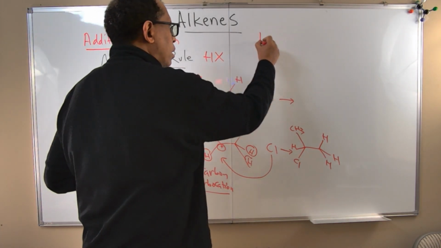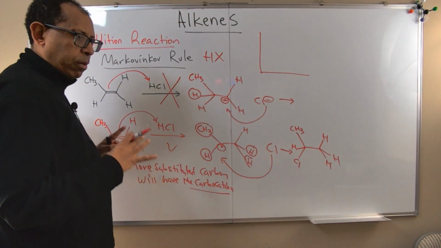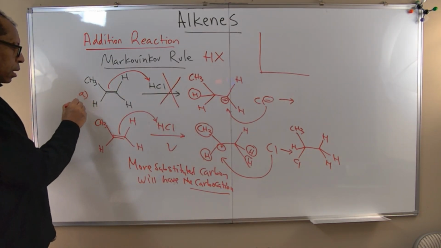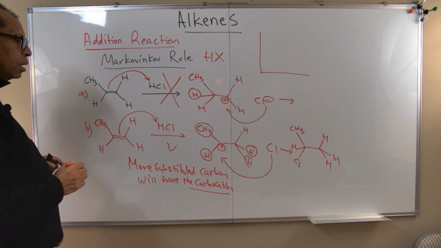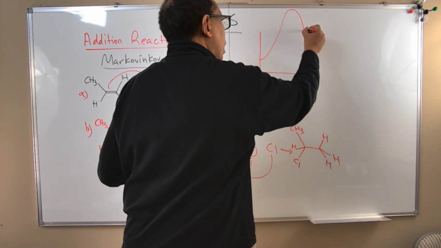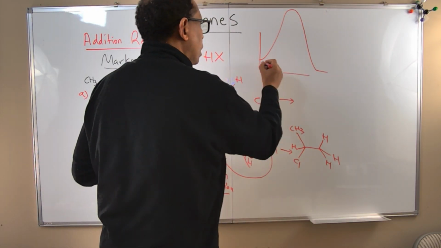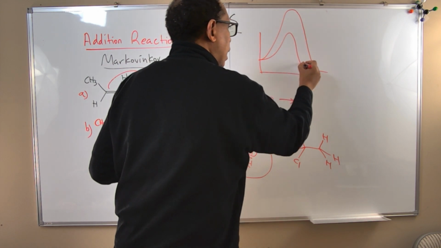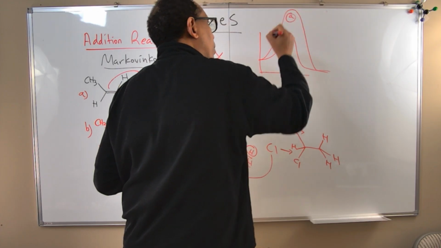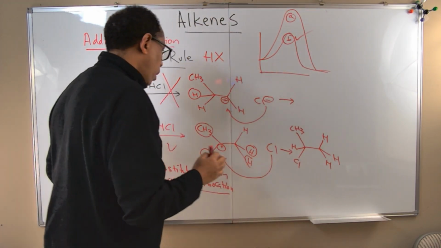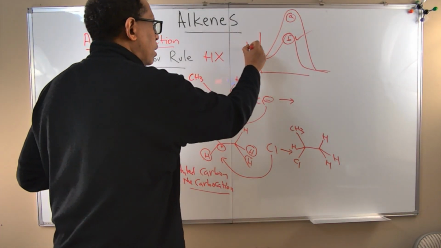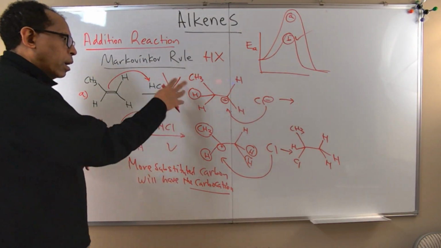So if you just look at this, the addition in terms of energy diagram, if I say this is case A and this is case B, the activation energy for case A is much, much higher. And for B, it is like this. So B goes before A happens. So B is the one where Markovnikov will allow us, based on the stability of the carbocation.